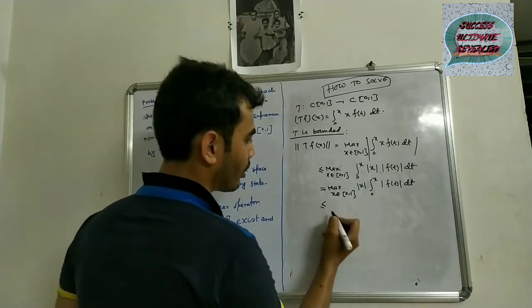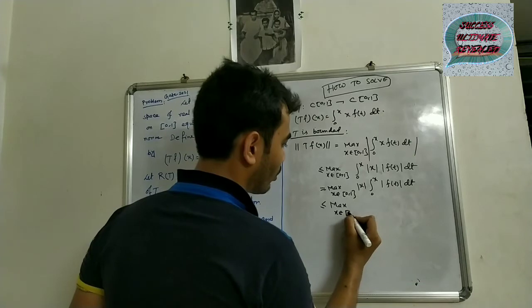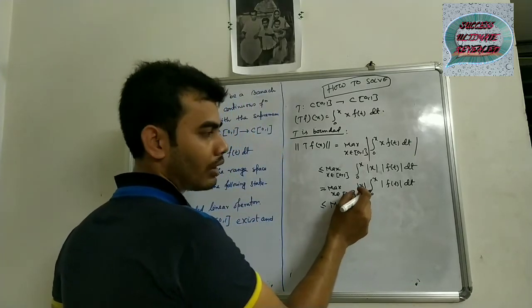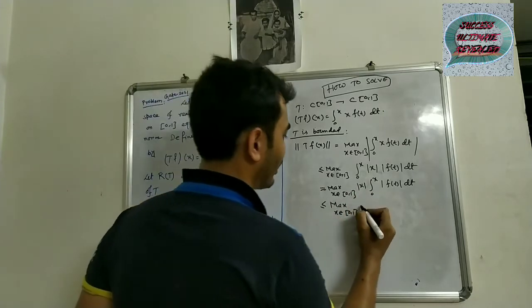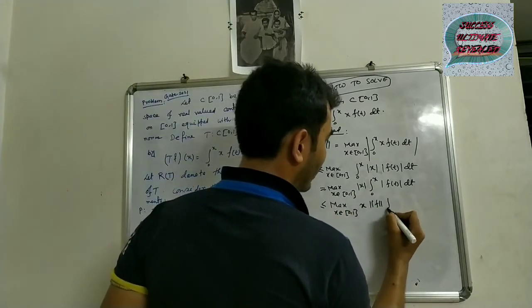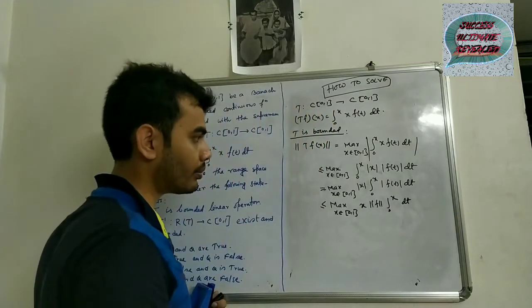And this is less than or equal to the maximum over x in [0,1], and since x belongs to [0,1], the modulus of x equals x, and this is norm of f times the integral from 0 to x of dt. Clear?